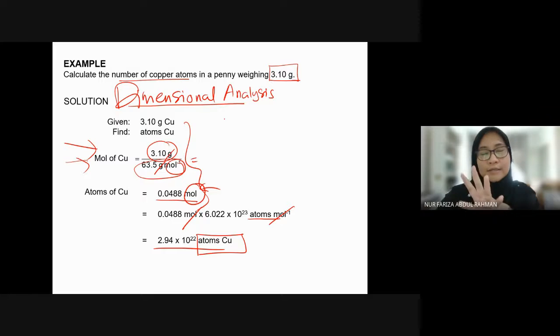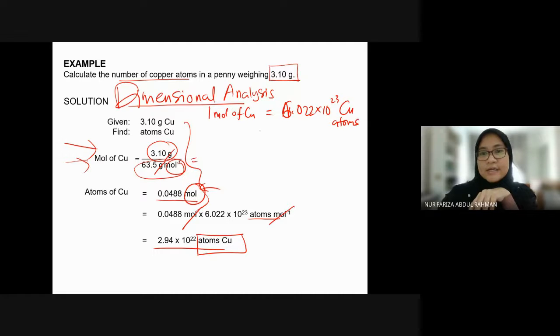The main thing about using dimensional analysis, you need to know the relationship. That relationship is known as the conversion factor. For example, so far we have 1 mole is equal to, let's just refer to this question. 1 mole of copper atom is equal to the Avogadro constant, which is 6.022 times 10 to the power of 23 copper atoms.